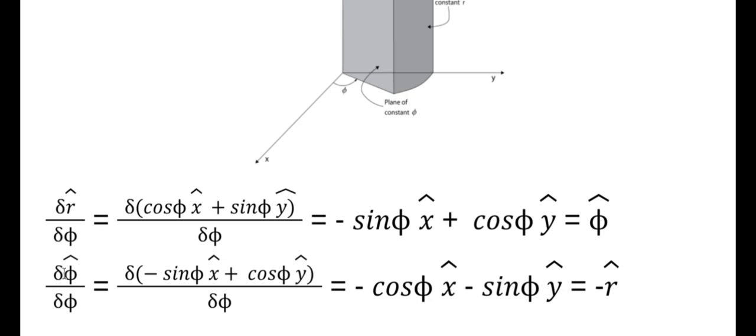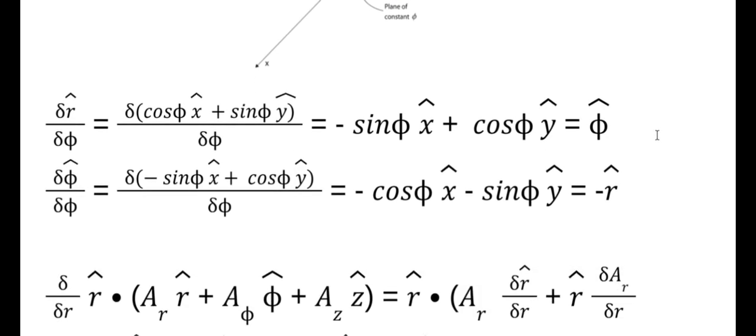And the partial derivative of phi hat with respect to phi is this expression, which you see is the negative of this, is r hat. So these 2 are special, and the others are all 0. So we need to know that first. Okay, so I'm just going to take one piece of this at a time because it's extremely long.